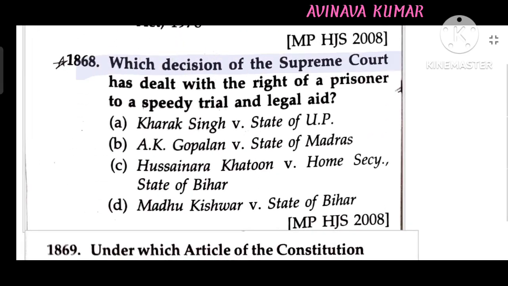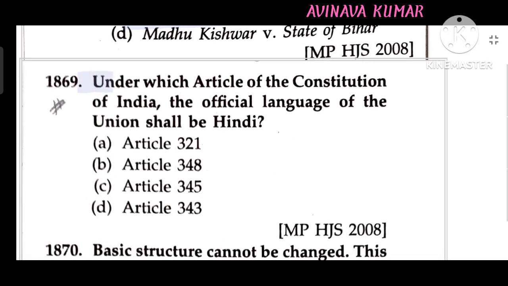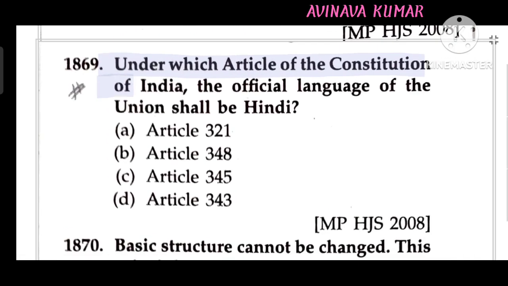Which decision of the Supreme Court has dealt with the right of prisoners to speedy trial and legal aid? Hussainara Khatoon versus Home Secretary, State of Bihar. Under which article of the Constitution of India shall the official language of the Union be Hindi?